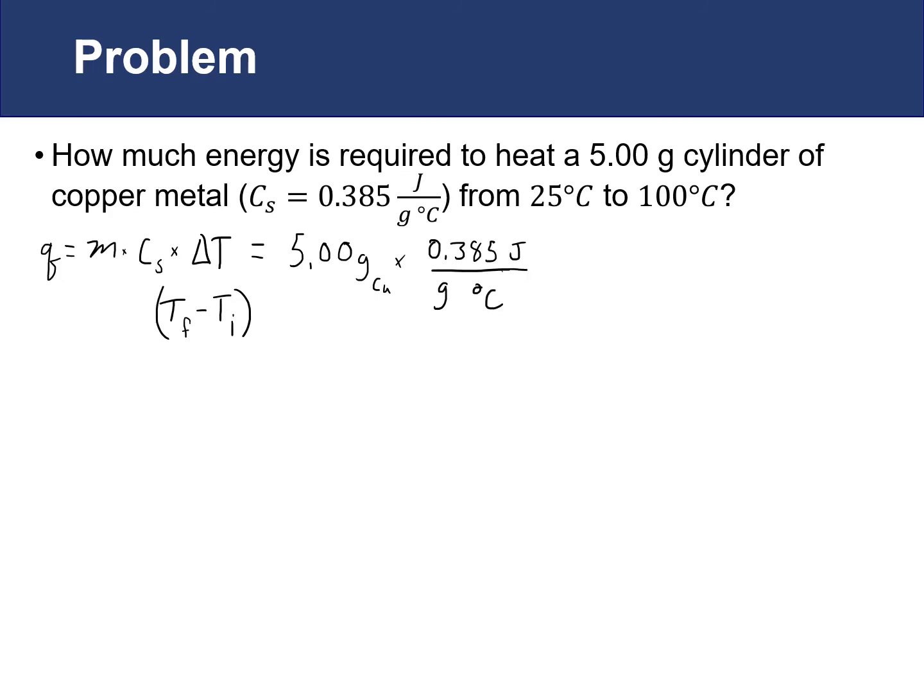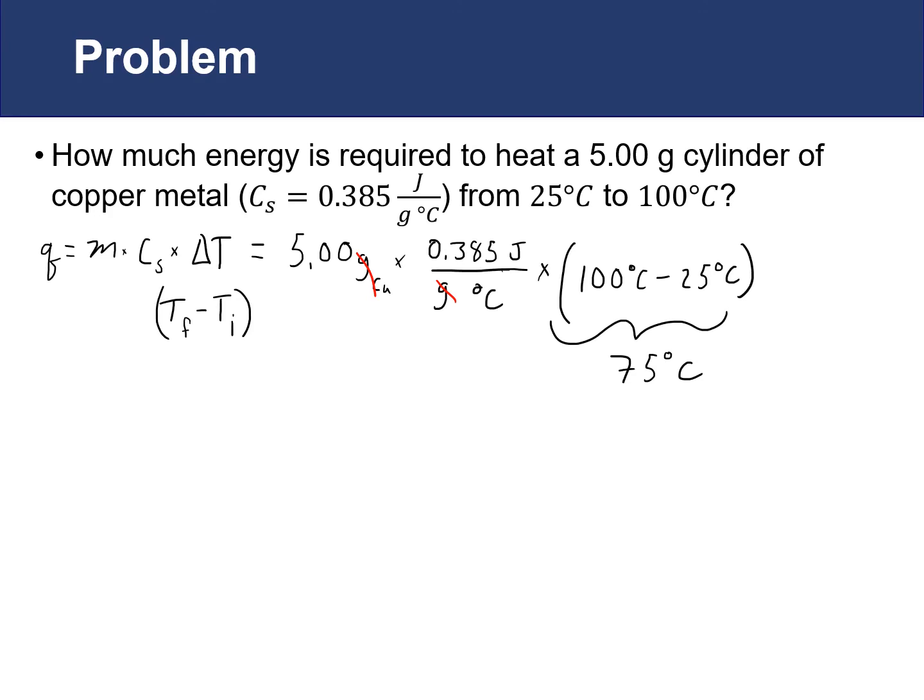So our grams cancel out. We're now left with joules per degree Celsius. We can multiply this by our change in temperature. So this would be temperature final, which is 100 degrees Celsius, minus 25 degrees Celsius. This quantity here would be 75 degrees Celsius.